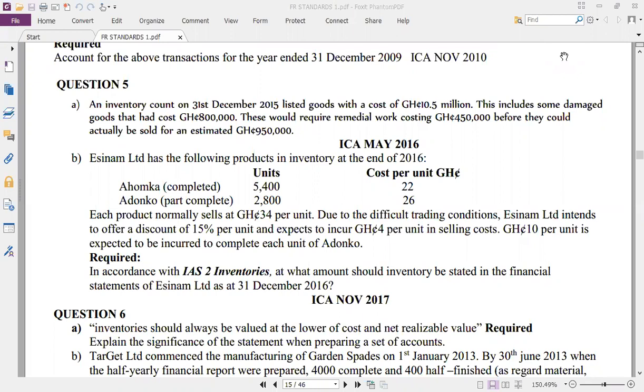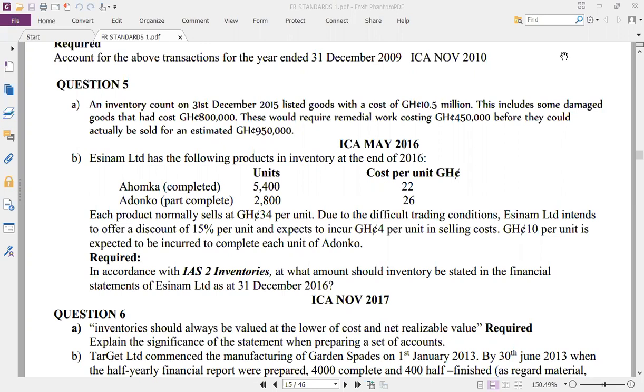Due to difficult trading conditions, S&M Limited intends to offer a discount of 15% per unit. So the selling price must be reduced by the 15%. Or you can also treat it as what? It's a discount. You can also treat it as selling cost. Any of them, the answer will be correct. Either you subtract it from the selling price directly.